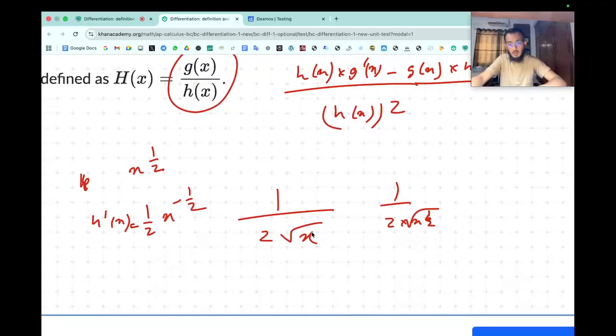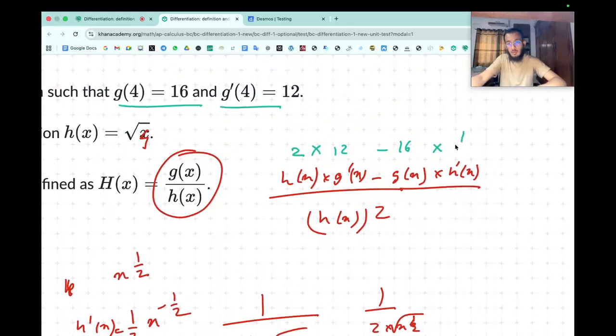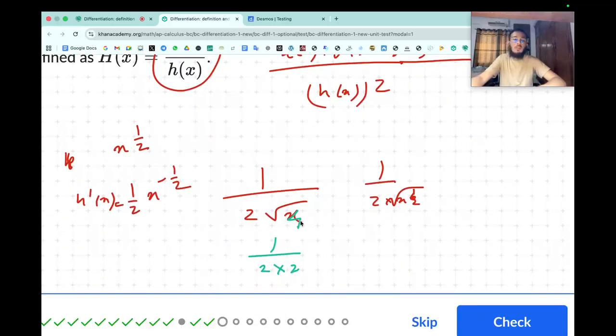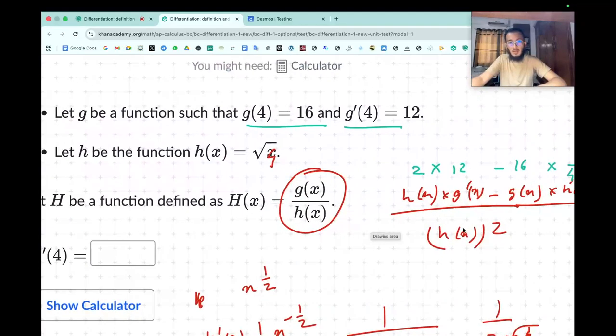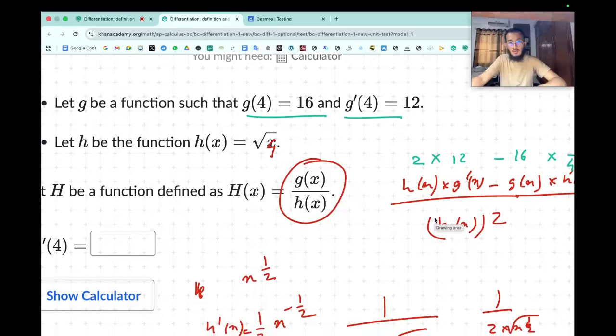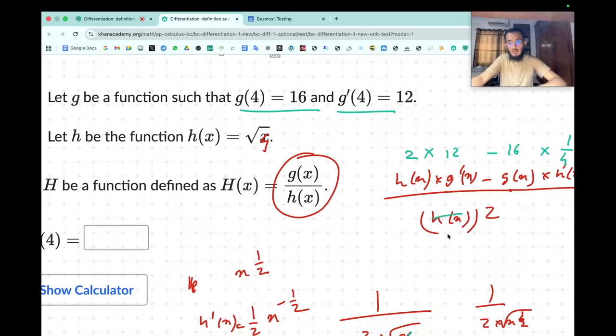So what do we get here if we plug in 4? 1 upon 2 root 4. Root 4 is 2, 2 into 2 is 4, so it's 1 by 4. And h(x) squared, h(4) is 2, so 2 squared is 4.